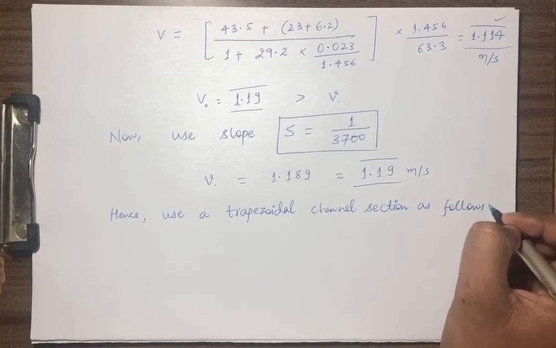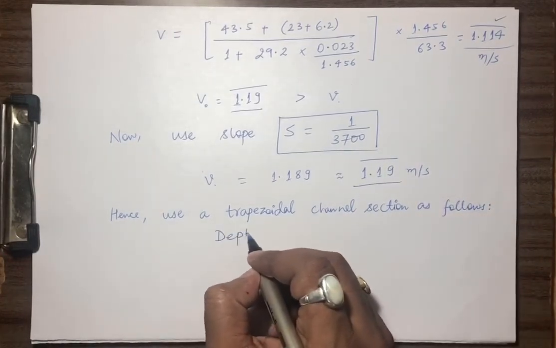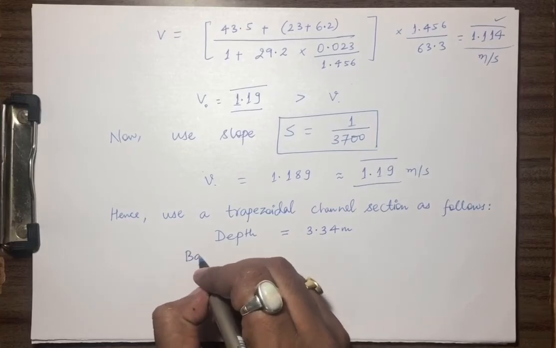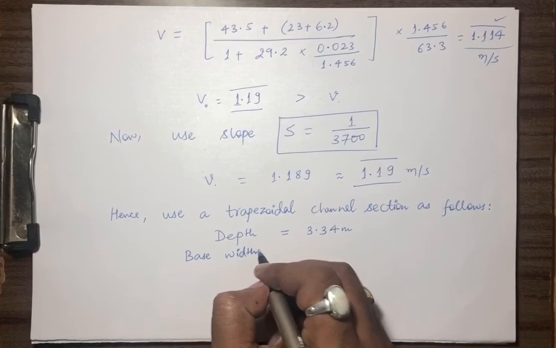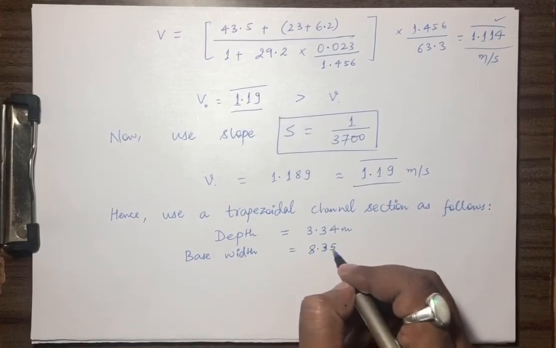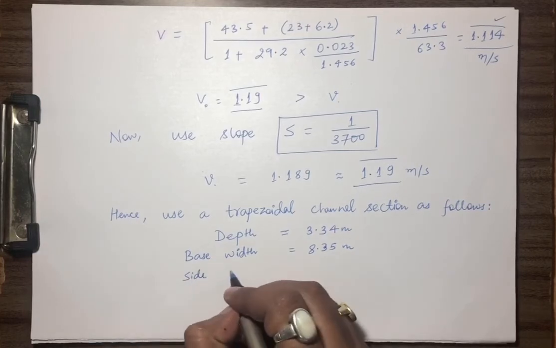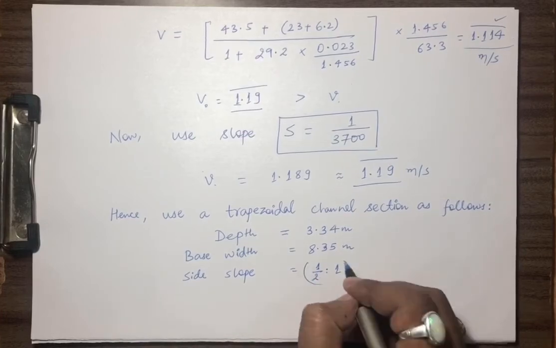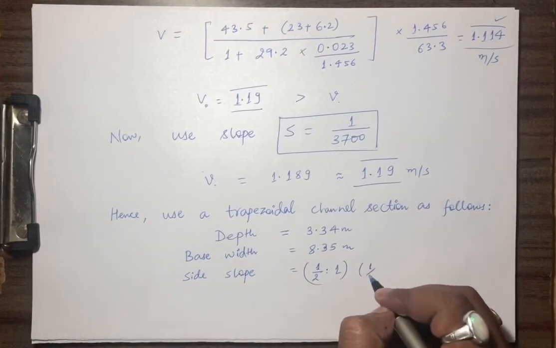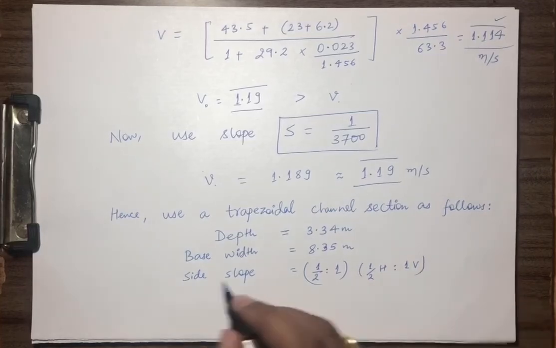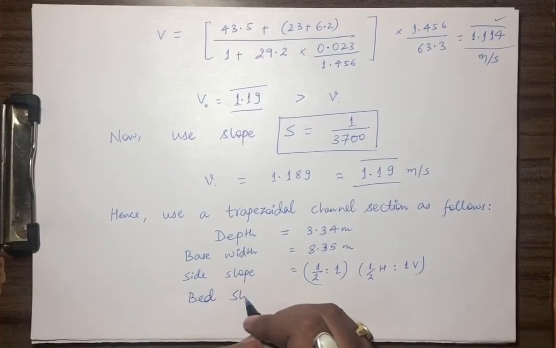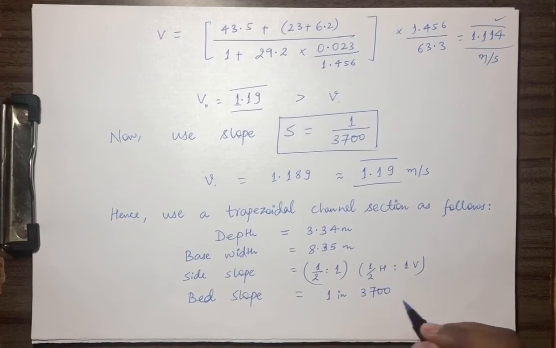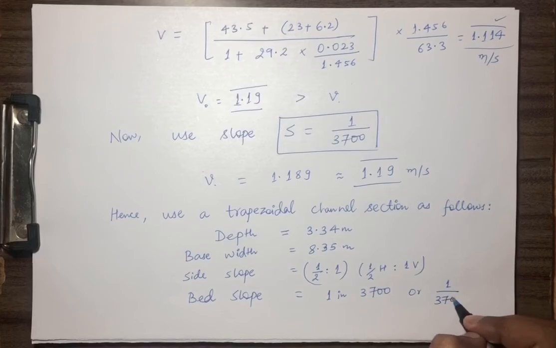The design parameters which we have calculated: depth was 3.34 meter, base width 8.35 meters, side slope is half horizontal to 1 vertical, and bed slope is 1 in 3000, or something like this.